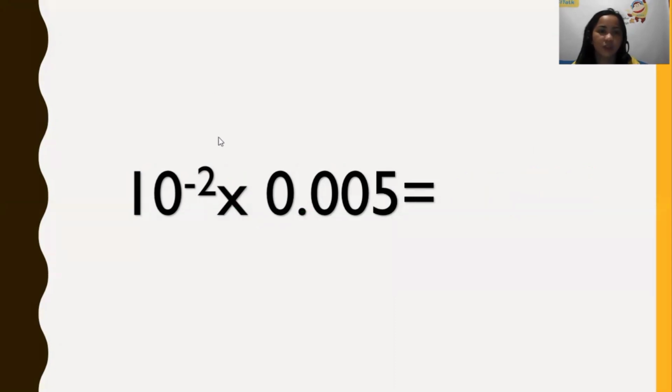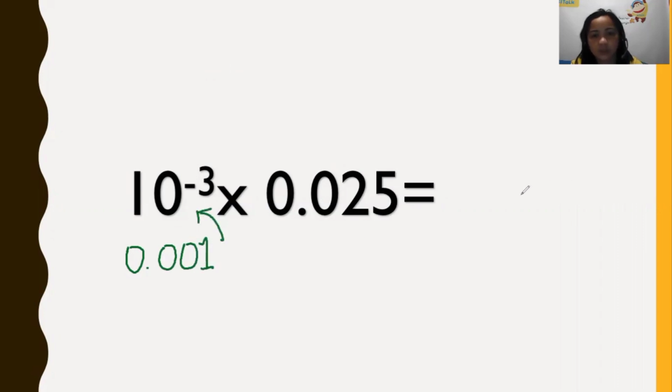Let's have another example. 10 raised to negative 3 times 25,000. This means 1,000ths. So we need to move 3 places to the left.